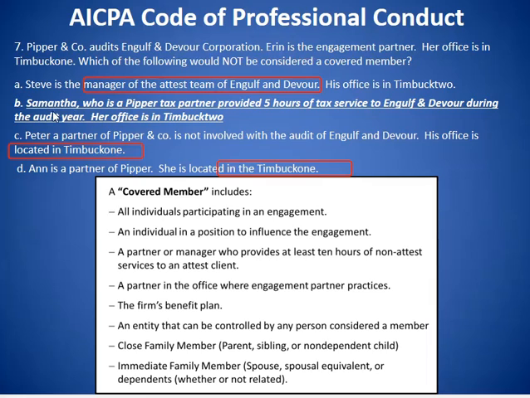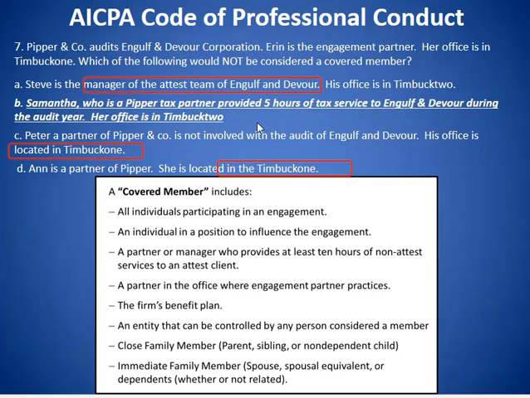Now, also the reason that Samantha is not a covered partner is she provided 5 hours of tax service, which is non-attest service, to Engulf and Devour during the audit year. Now, again, and also her office is in Timbuk 2. So even though she's an audit partner, her office is in Timbuk 2.